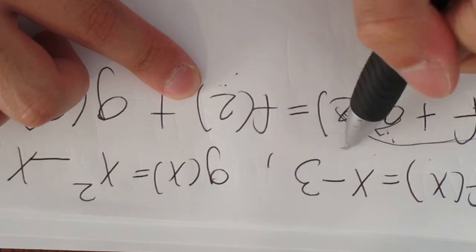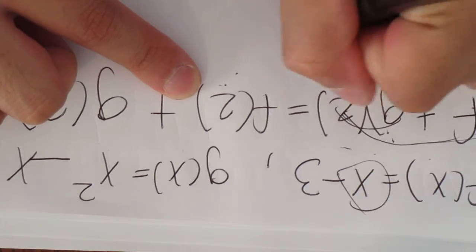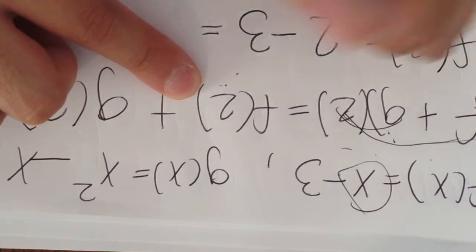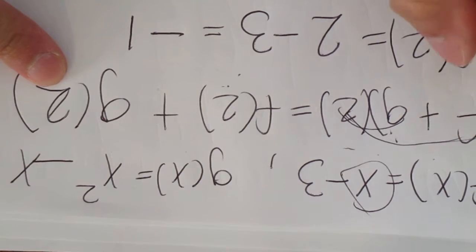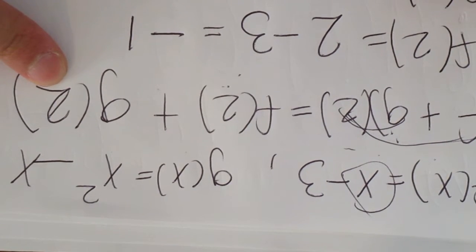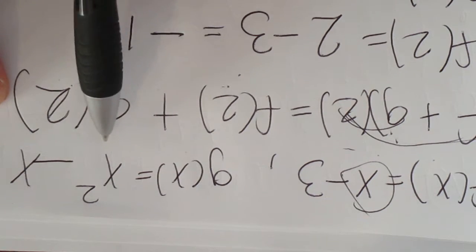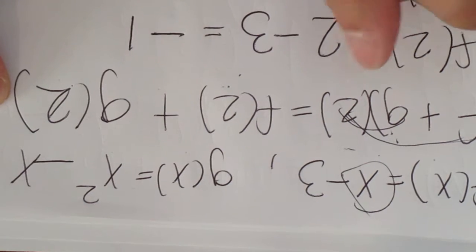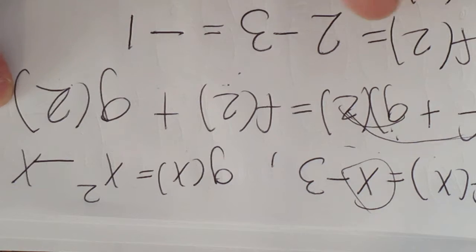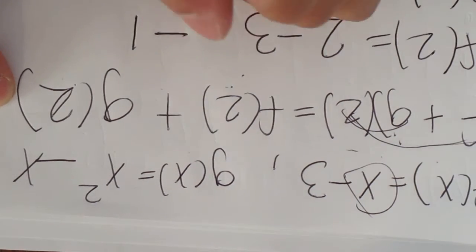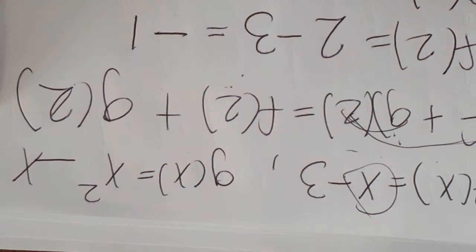Wherever this x is, we plug in 2. So it's 2 minus 3 equals negative 1. And g of 2 equals, you just plug in 2 for the x in the function g of x. So it's 2 squared minus 2, which gives you 4 minus 2, which gives you 2.